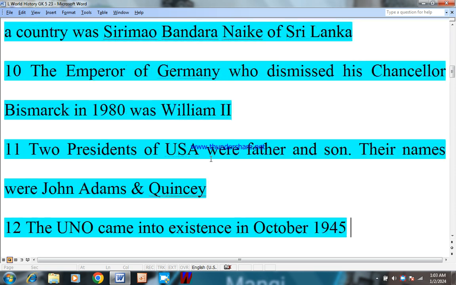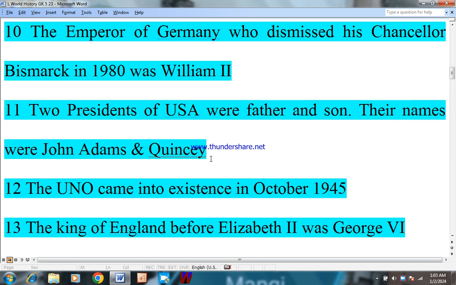Number 10, the Emperor of Germany who dismissed his Chancellor Bismarck in 1890 was William II.